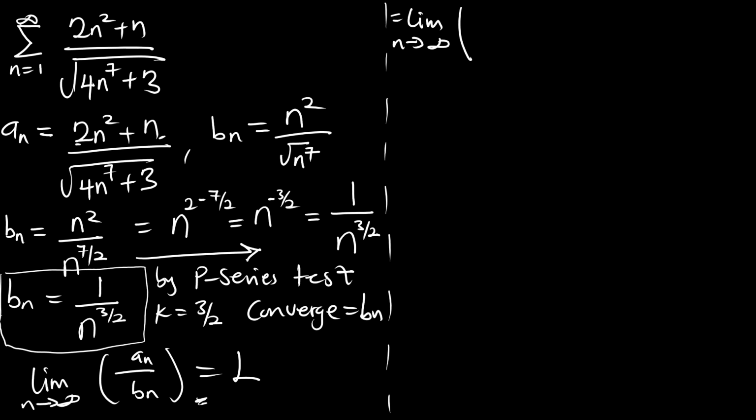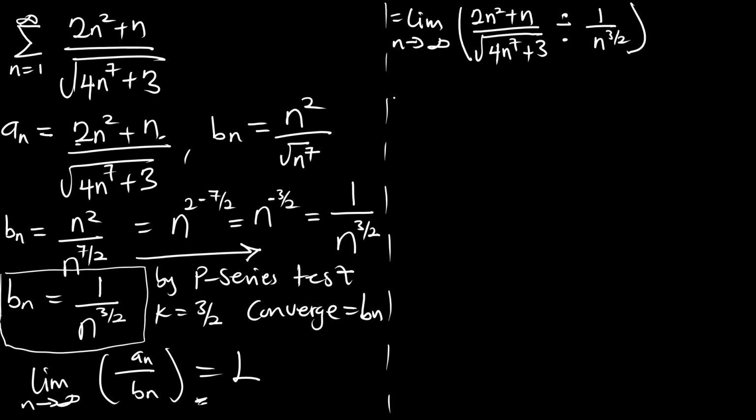What is our an? The whole equation given, which is 2n squared plus n. You have to be careful with your steps. 4n to the power 7 plus 3 divided by our bn. Now our bn is what? 1 on n 3 on 2.